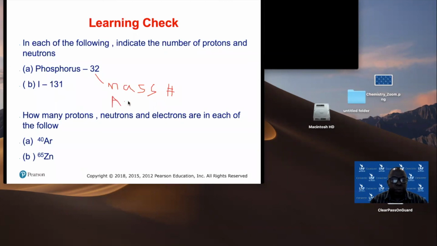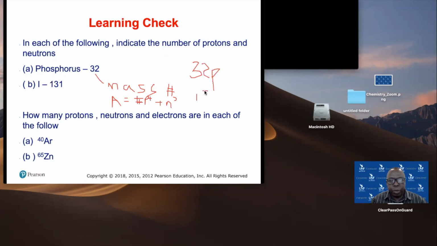You know from the previous equation, A is the number of protons plus the number of neutrons. So if I rewrite that, you may expect to see something like this: 32 at the top right there, and then this is 15.